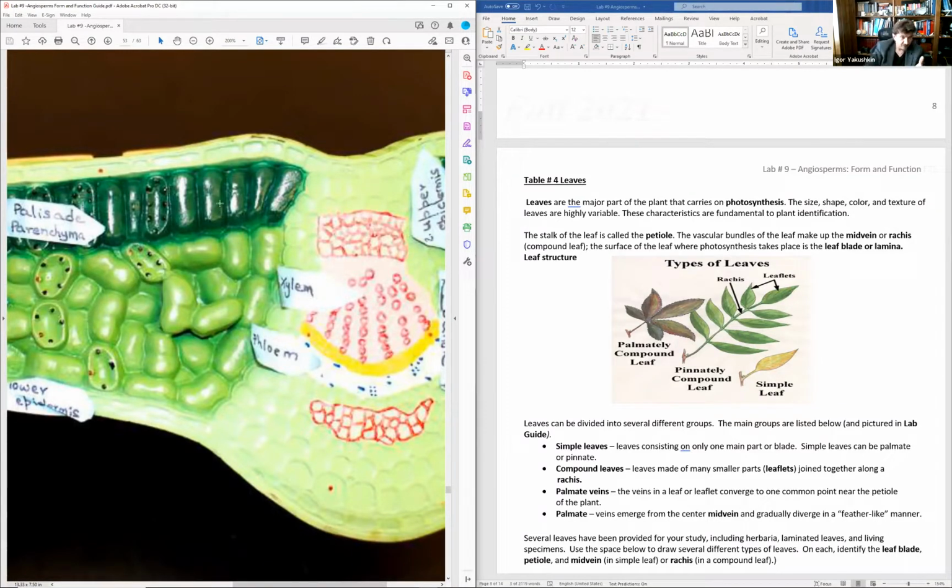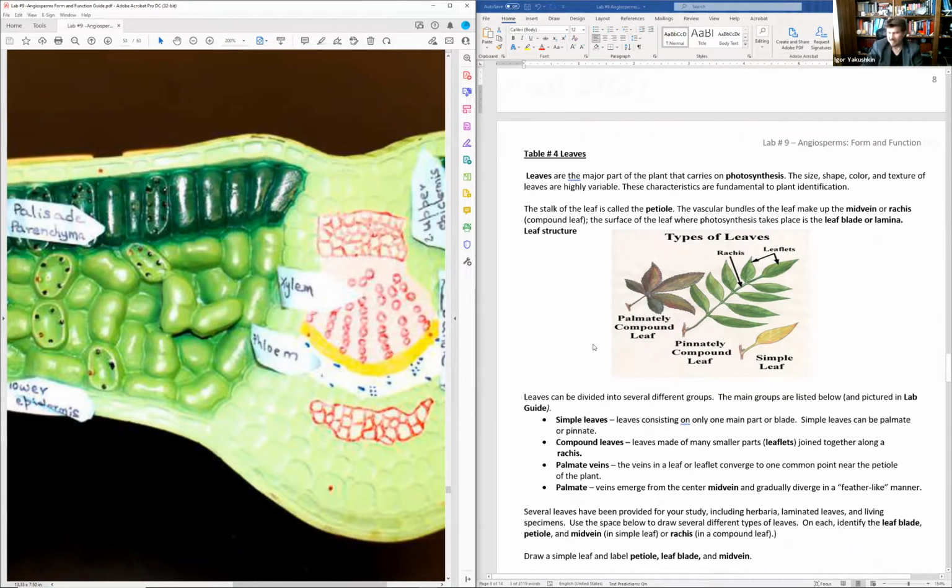On the leaf blade, we see the cells are located right next to each other: palisade parenchyma, sometimes referred to as mesophyll, it's the same thing. And then the area where you have those air pockets, under the microscope it looks spongy, hence the name spongy parenchyma or mesophyll, same thing.